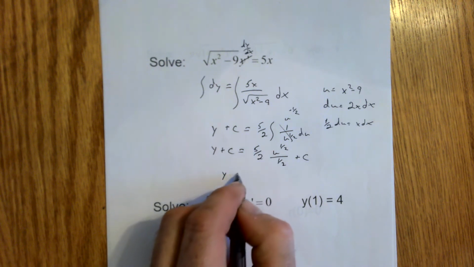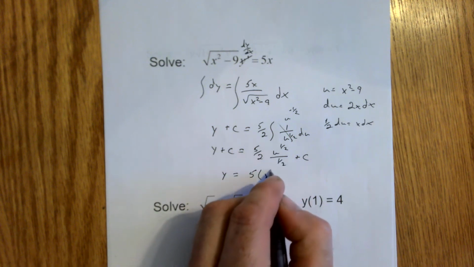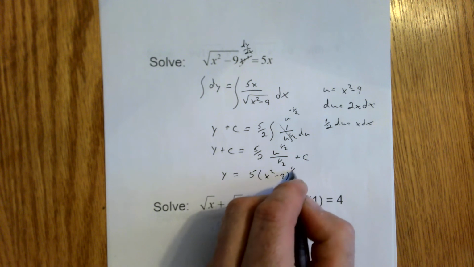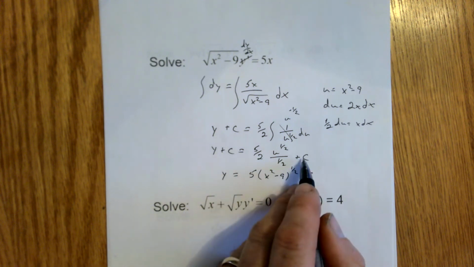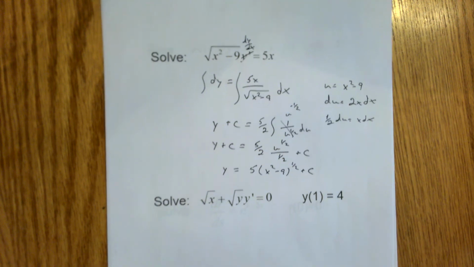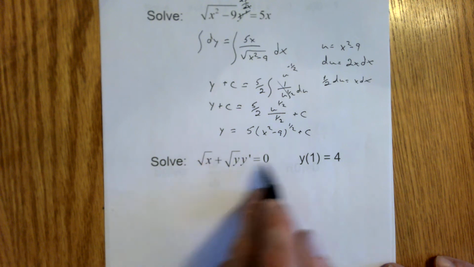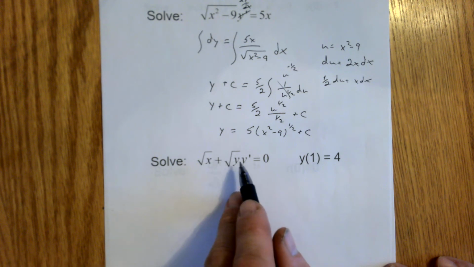So I actually get just 5. And then my u value, which is x squared minus 9 to the 1/2 plus my c. Again, when I bring my c over, I have my c there. And there's my answer. I have y by itself already. I've solved it. Yay!